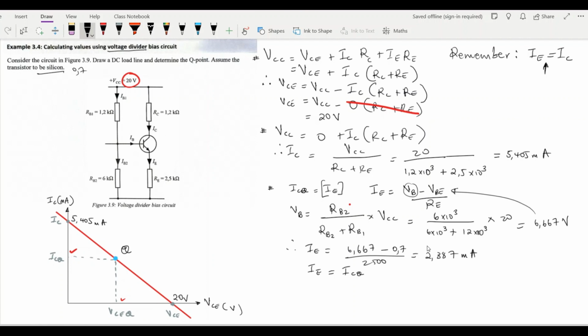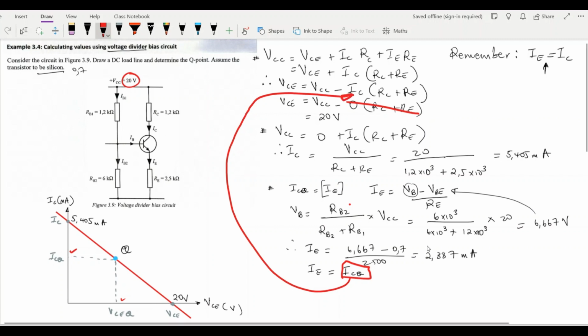Can you see that? Now, we need to take the value of ICQ here and substitute it in this equation right here, and get the value of VCEQ.